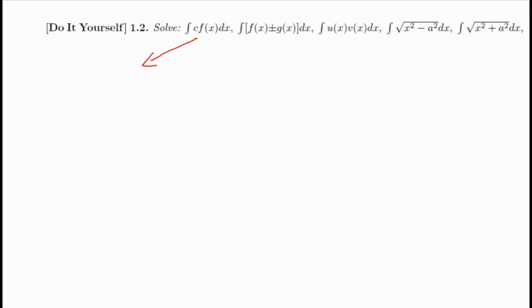So, if there is a constant, then the constant can go outside, and you can write it as c into integration f(x) dx. Here, integration will be distributed to both of the functions: integration f(x) dx plus minus integration g(x) dx.